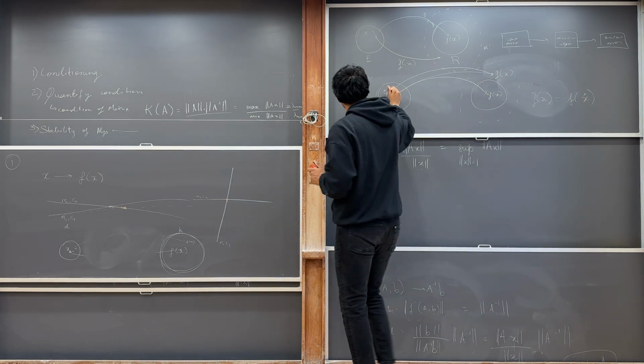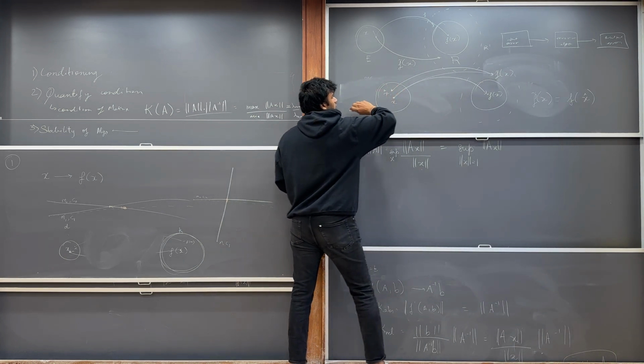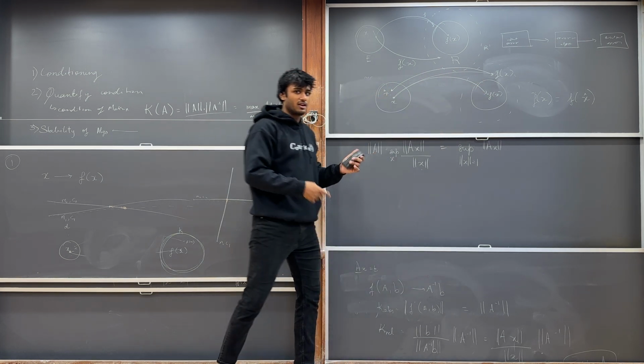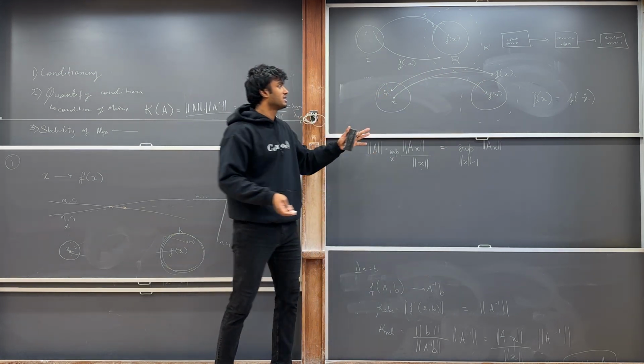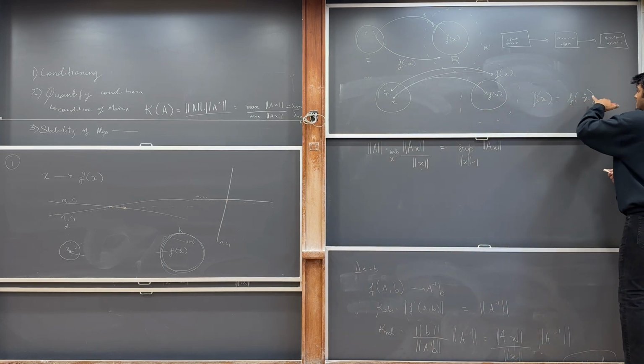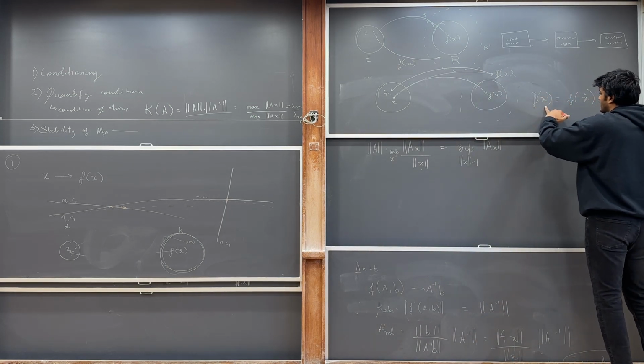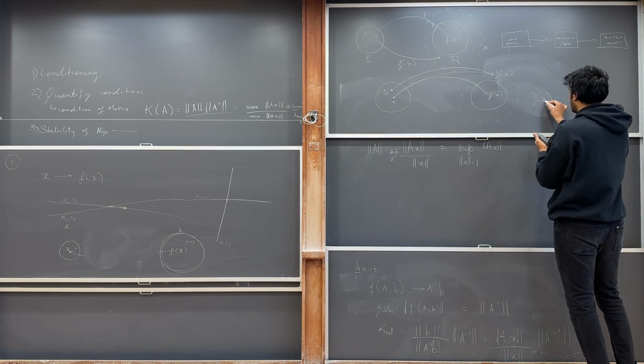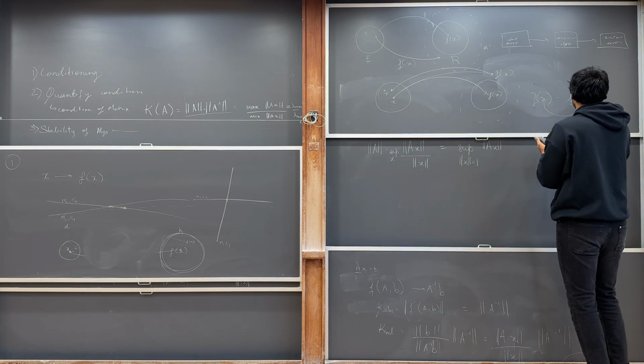What could have been the input x hat for which my true function would give the same answer, f tilde x? So f of x hat is f tilde of x. Now I want to know the error between x and x hat, basically.